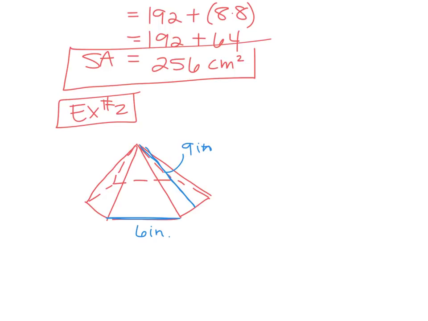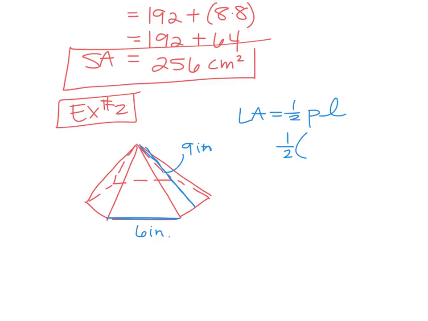So let's think through what we got to do. Lateral area is 1/2 times the perimeter times the slant height. How am I going to find the perimeter of my base? It's a hexagon. Perimeter of the base. 6 times 6, right?